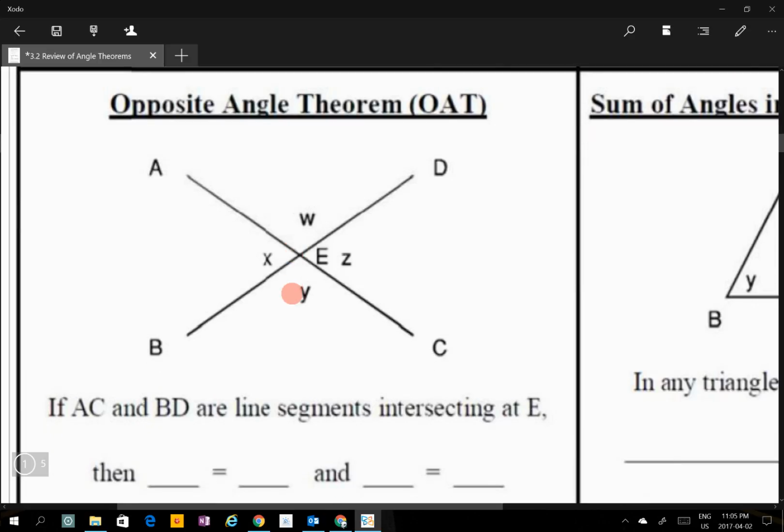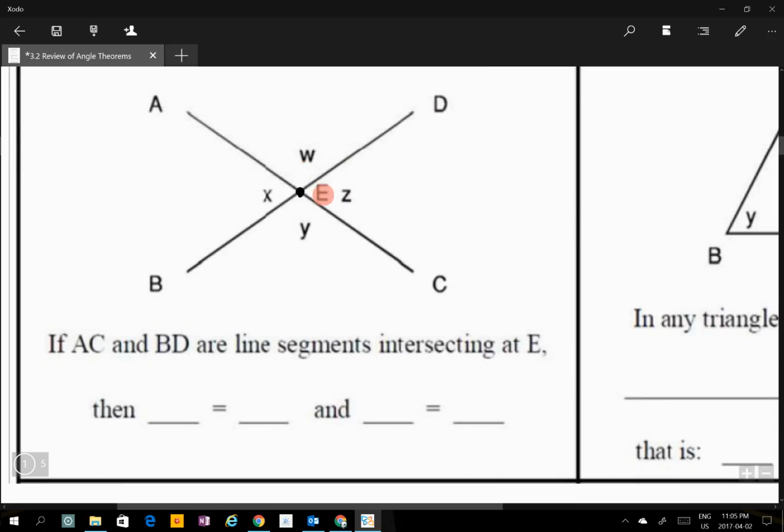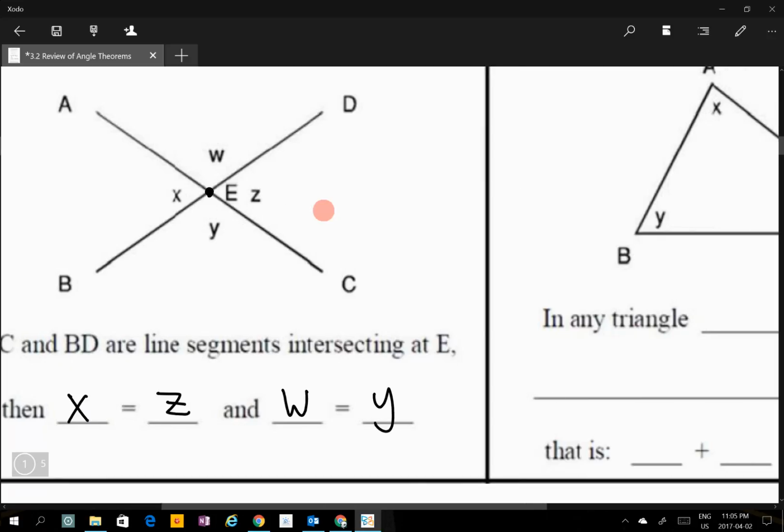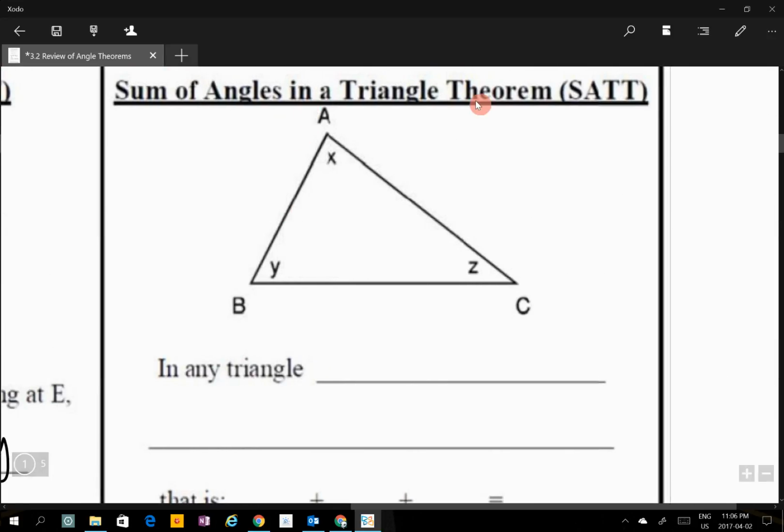Right, opposite angle theorem. If AC and BD are line segments intersecting at this middle point E, then we have a case of opposite angles here. X equals Z and W equals Y. And finally, the sum of the angles in a triangle.